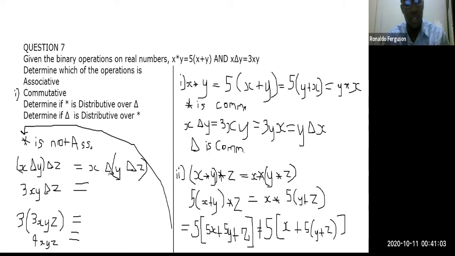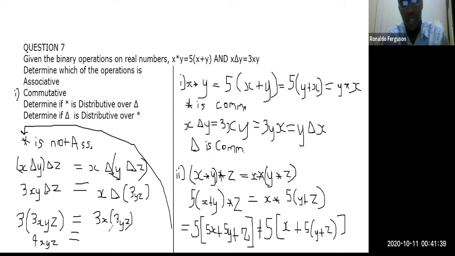Let's check it out. So x delta y delta z is going to be x delta, what is y delta z? Y delta z is 3yz. And so what we're getting then is x delta 3yz, which is 3 times x times 3yz.